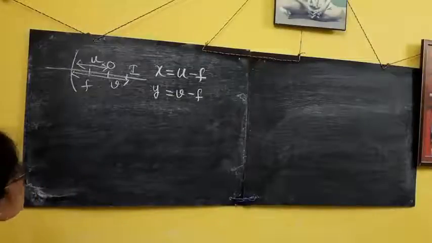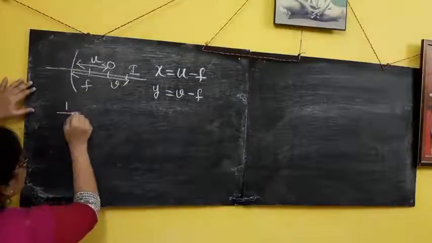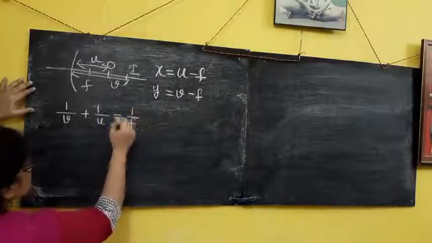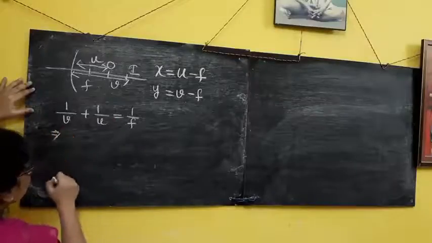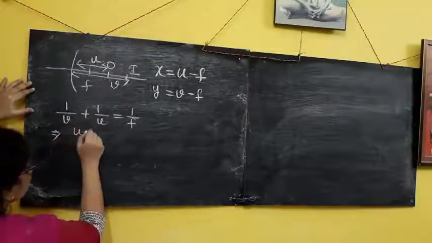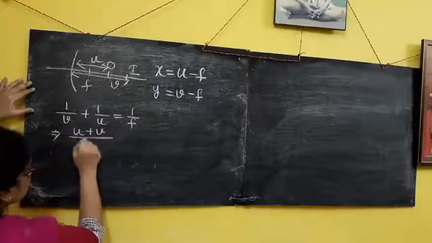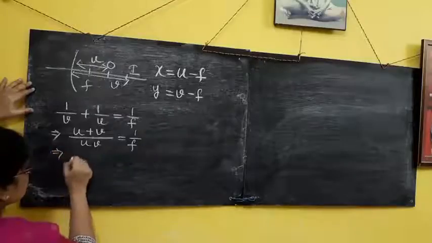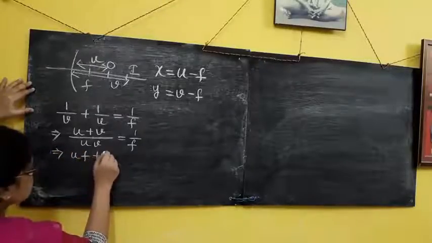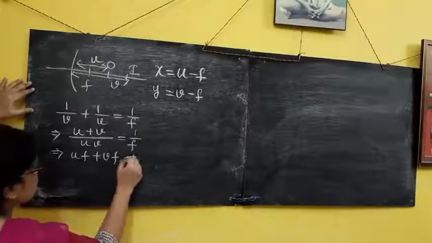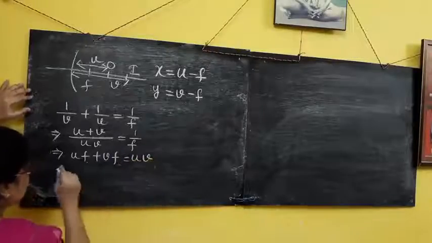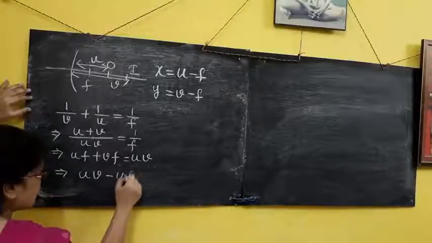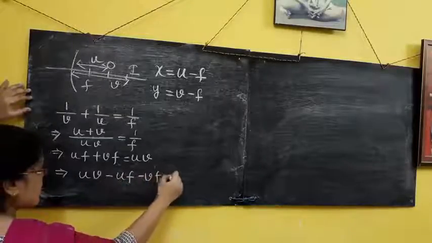So what are the changes in the formula? We know 1 by v plus 1 by u equal to 1 by f. If I do the cross multiplication, I will get u plus v by uv equal to 1 by f. Similarly, uf plus vf is equal to uv. Change the sign, so uv minus uf minus vf equal to 0.